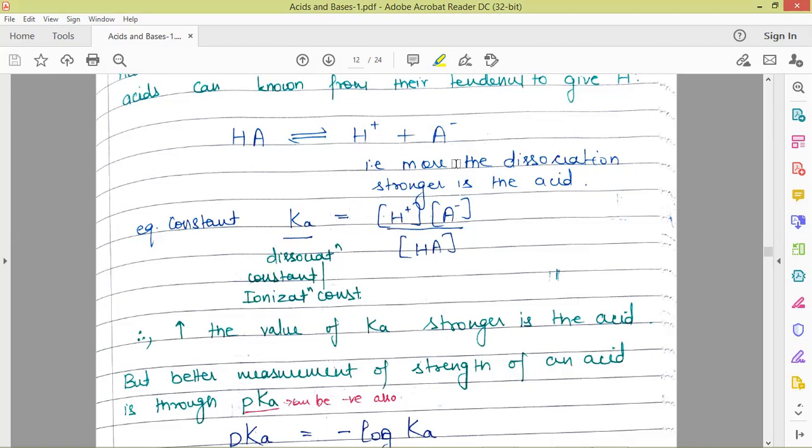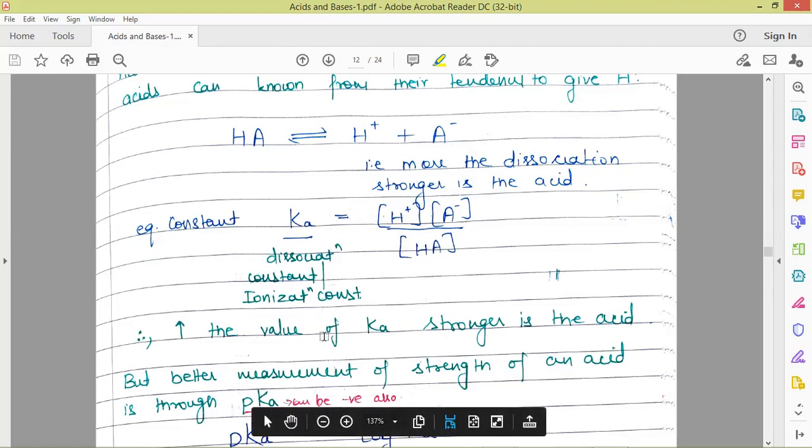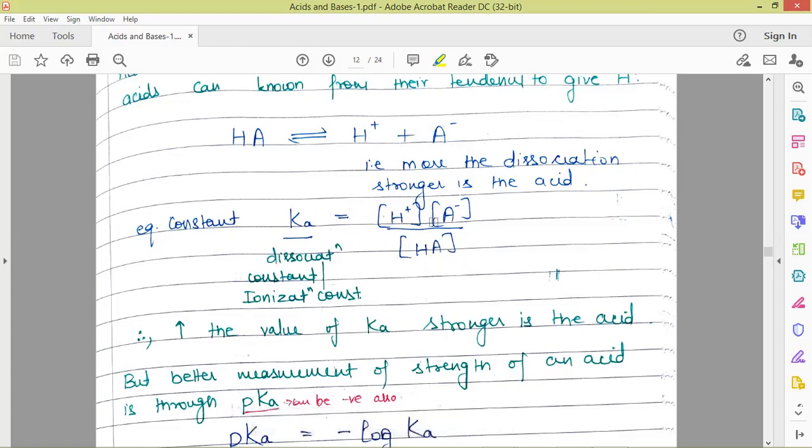So this is the concentration of H positive, the concentration of the anion, and the concentration of the acid. The more the value of Ka, the stronger the acid is going to be, as more H positive and A negative concentration means more dissociation. That means more is going to be the value of the dissociation constant. So the more the value of Ka, the more the strength of the acid.